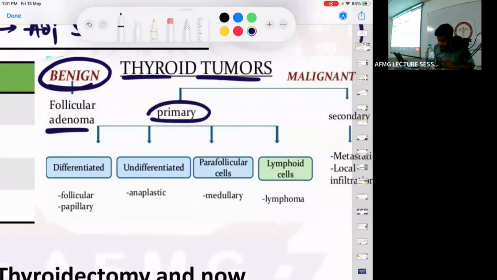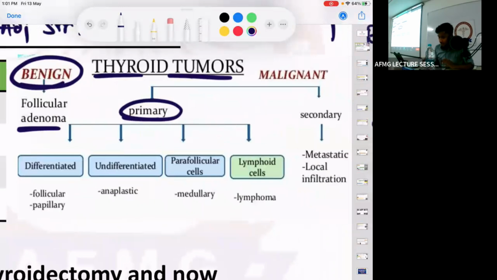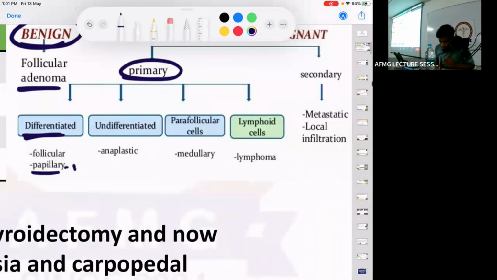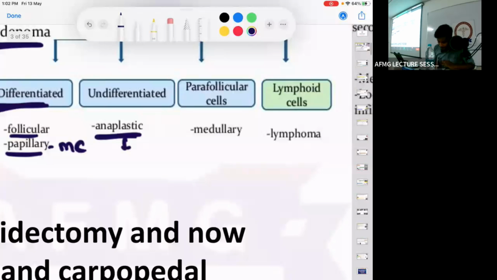If they ask you primary malignant tumors of thyroid, differentiated are two. Most common is papillary, second most common is follicular carcinoma now, not adenoma. ठीक है. Undifferentiated is known as anaplastic.